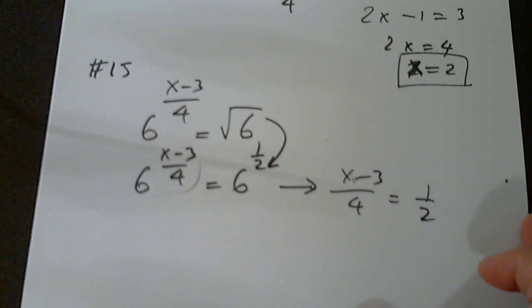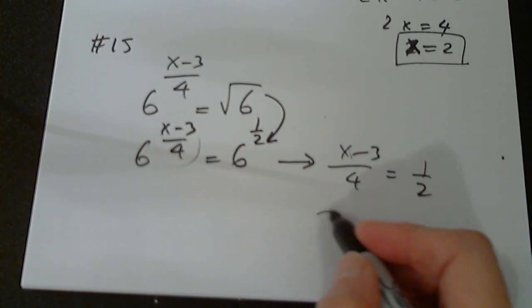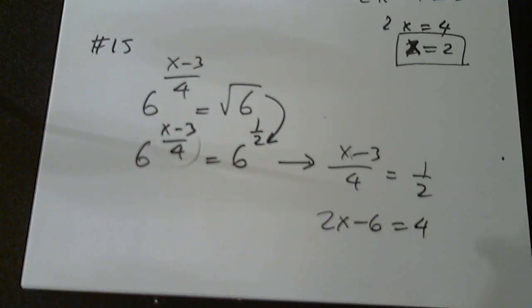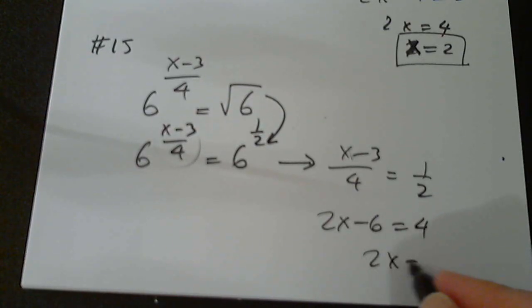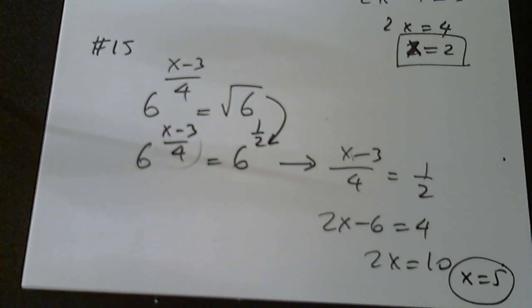There's no other way. This is a proportion. I will cross multiply. 2x minus 6 equals 4. 2x equals 10. X equals 5. Is this okay? Do we understand the steps in 15? Yes. Perfect. Let's see if we need anything else from this set.